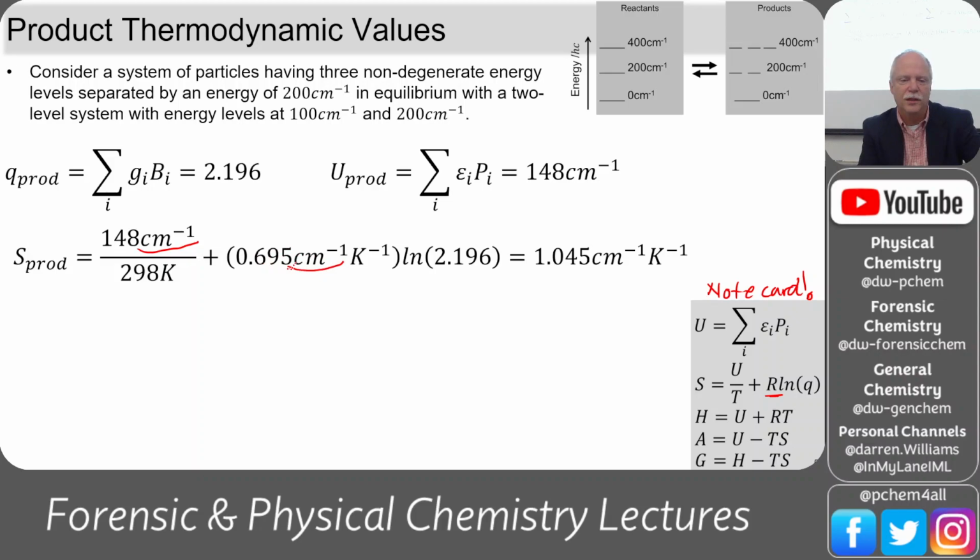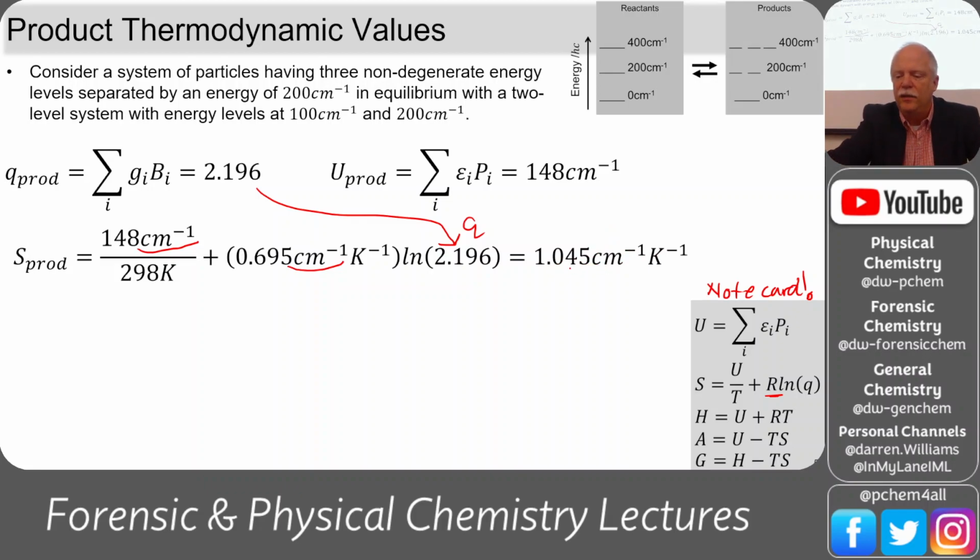Okay, so we use the 0.695. If this were joules per mole, then we would use the gas constant R of 8.314 joules per mole Kelvin. And then the natural log of the partition function, Q. All right, so we end up with 1.045 wave numbers per Kelvin for our entropy.